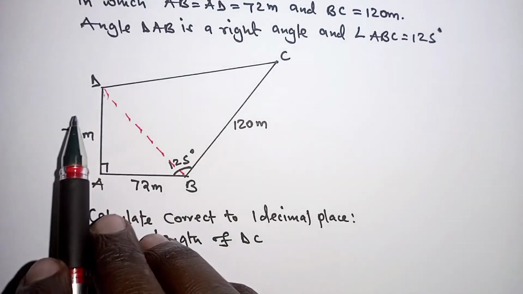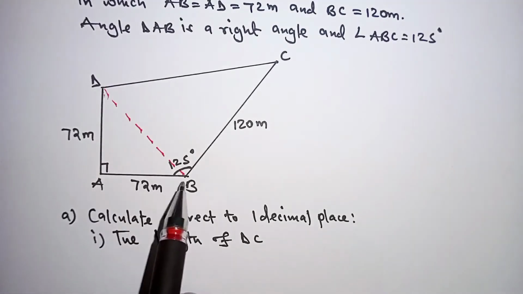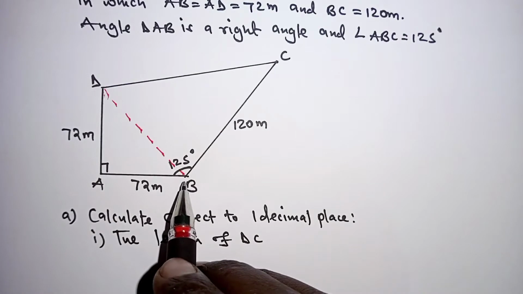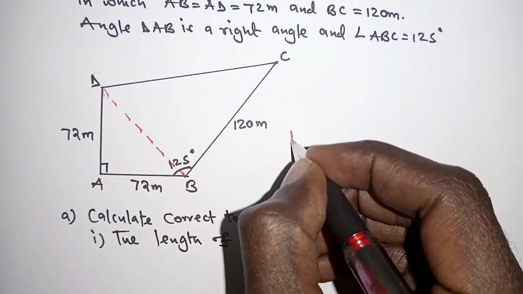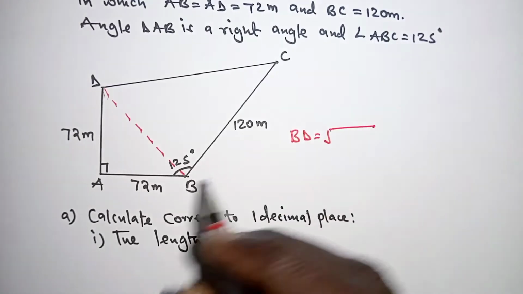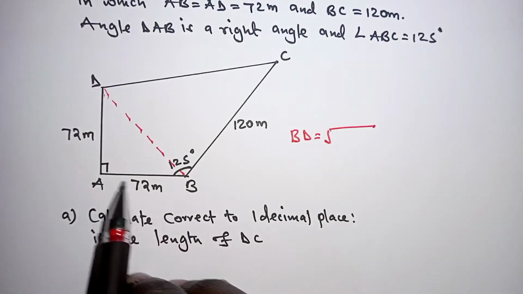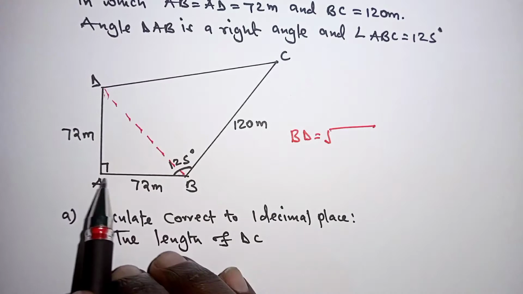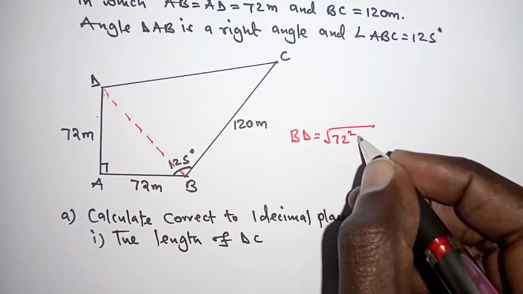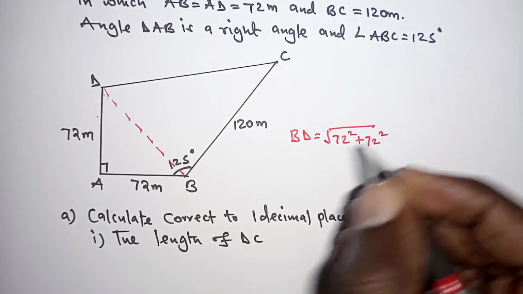Remember, we're going to consider triangle ABD, which is a right angle triangle, and therefore BD is obtained as the square root of 72 squared plus 72 squared, that is base squared plus height squared. So 72 squared plus 72 squared.